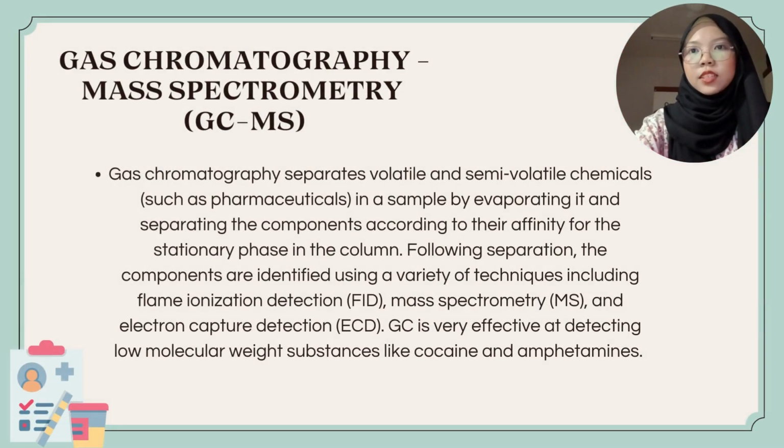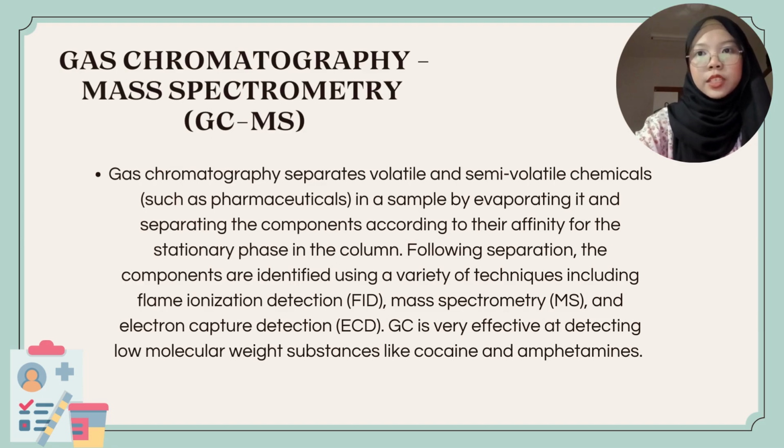Next, I will discuss the methodology of application in drug testing. In this application, we use gas chromatography mass spectrometry. Gas chromatography separates volatile and semi-volatile chemicals such as pharmaceuticals in a sample by evaporating it and separating the components according to their affinity for the stationary phase in the column.